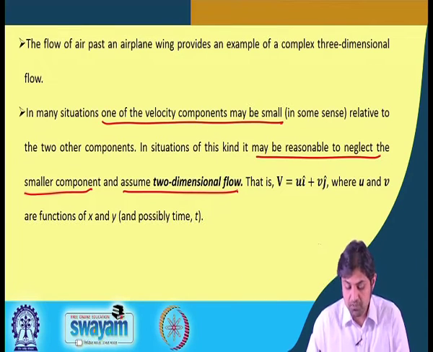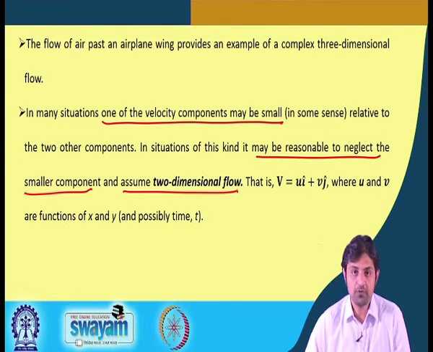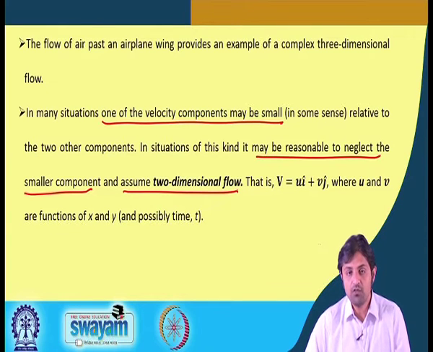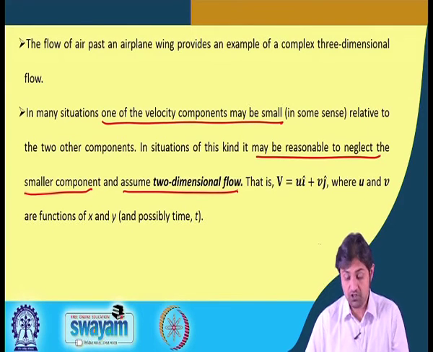So, as I would repeat again, we have talked that all flows in nature are three-dimensional, but some of the flows can be assumed to be two-dimensional because one of the components would be very small in comparison to the other two components, and therefore we can say that this is a two-dimensional flow.